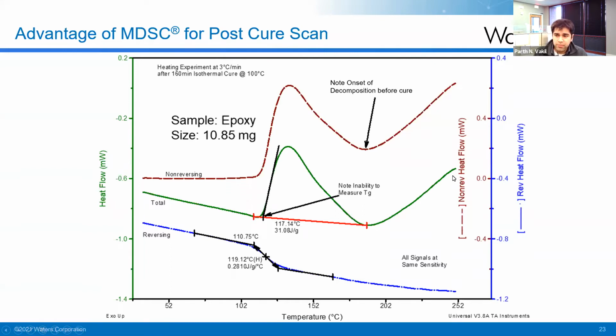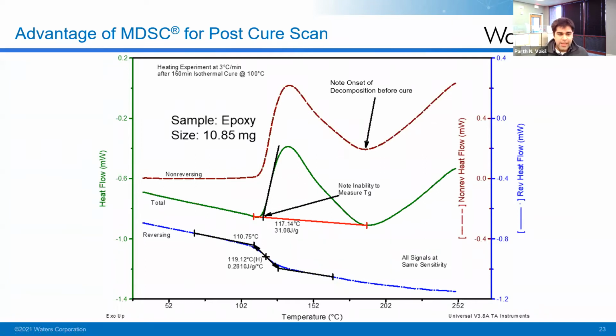But when you run this sample under modulated DSC, you can separate out the reversing and non-reversing heat flow curves, and you can easily pick up the glass transition on the modulated reversing heat flow signal and capture all the exotherm on the non-reversing heat flow curve. And so it's a really powerful technique for complex systems.